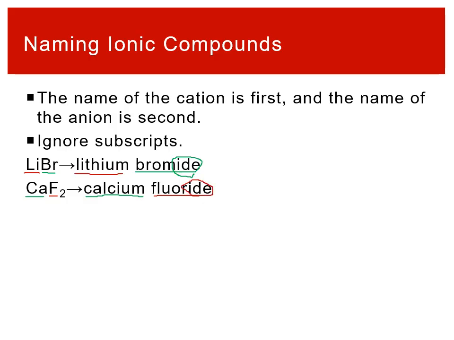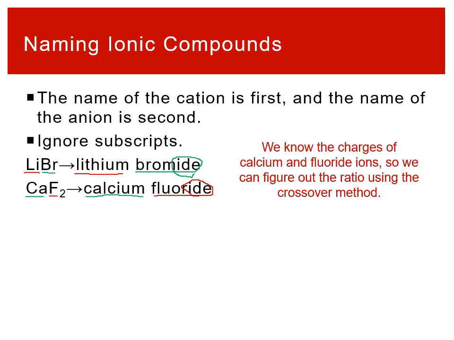We can see we just take those names, but there's no indication in the name calcium fluoride as to how many fluorine atoms are present. We just say calcium fluoride. We don't need to, because if you remember, calcium and fluoride are both fixed charge ions, so we can use the periodic table to predict what the charge of those is going to be. If you say calcium fluoride, you know it's ionic because calcium's a metal.